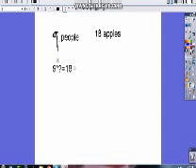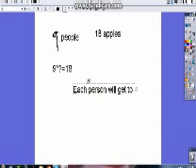If you kept on going like that, you'd eventually get the answer. So 2 would be your answer. Each person will get 2 apples. Okay, so that's one way to do it.